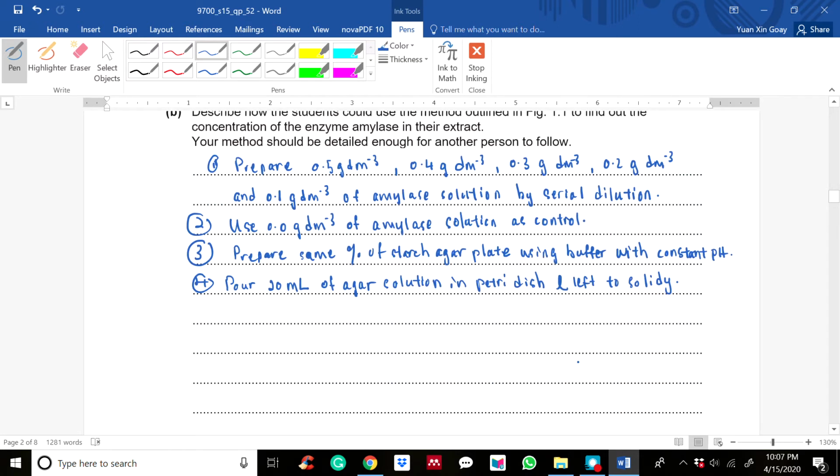So you need to keep the volume constant in each petri dish. These are all your constant variables. After you have poured the agar solution in petri dish, cover the starch agar plate to prevent contaminations.